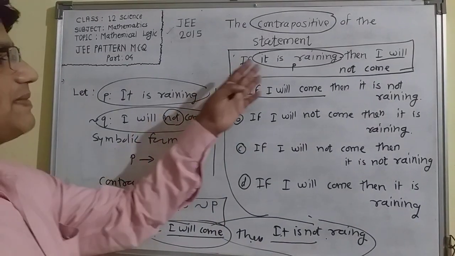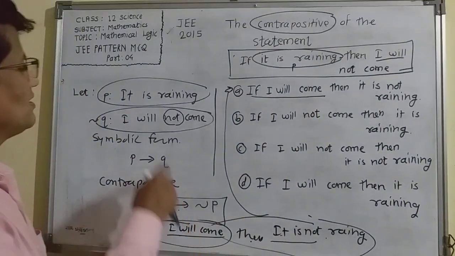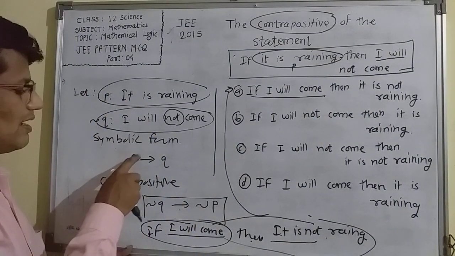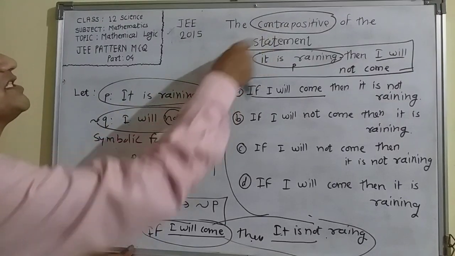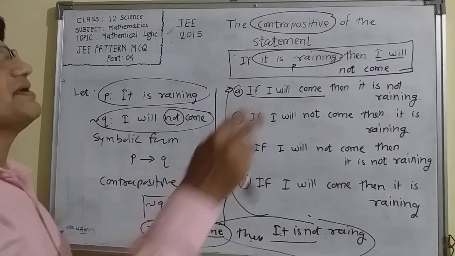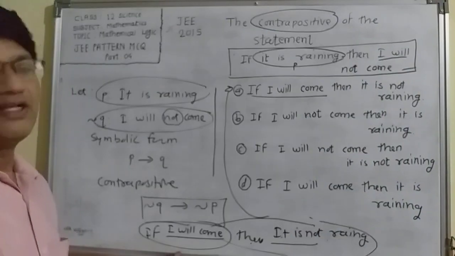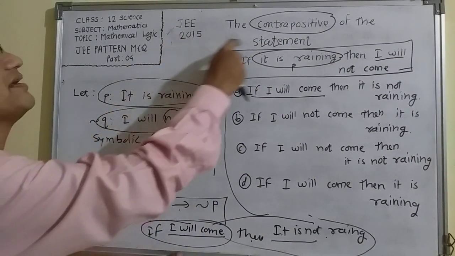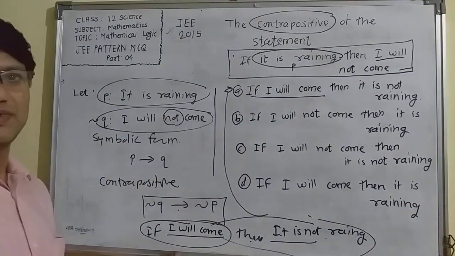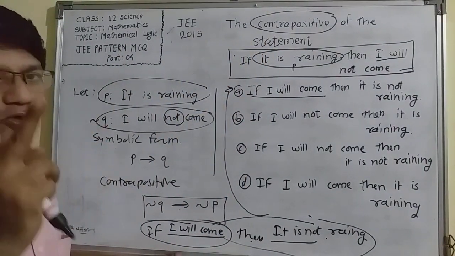So such examples look complicated, but by using some proper rule, it can be solved. Here the contrapositive is given. In another exam, it may be the converse of the given statement or the inverse of the given statement. But in this JEE exam, the contrapositive of the statement is given. This means the same example can be solved in the other two ways.